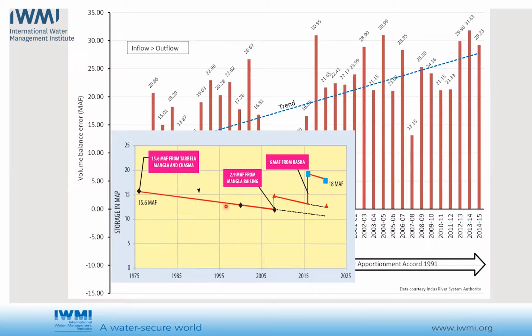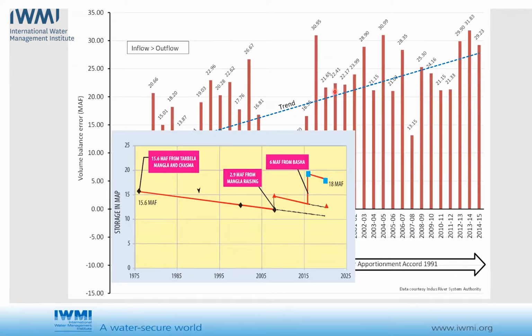Then there was some sedimentation, then there was raising of Mangla reservoir. In short, recently we have regained the original storage capacity of what we had in the 1970s. It is around 14 million acre feet at the moment.